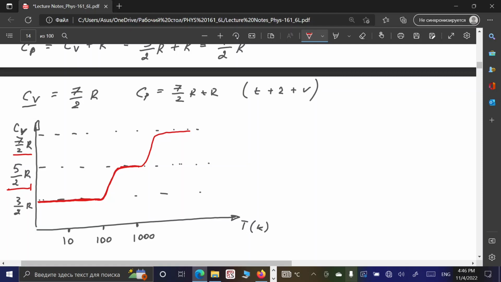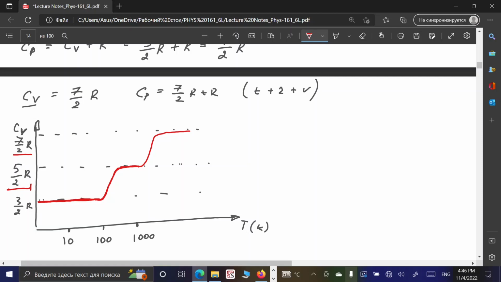So let us summarize our discussion today. We considered three important thermodynamic processes, which are isobaric, isochoric, and adiabatic, but under the specific condition that they happen between two isothermal curves.